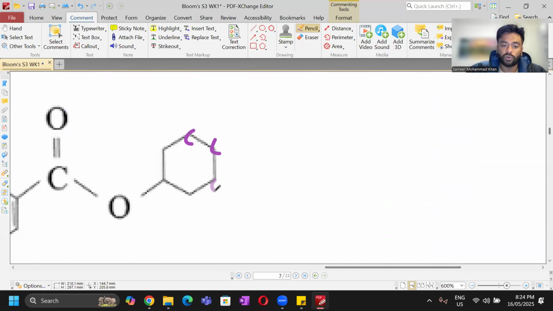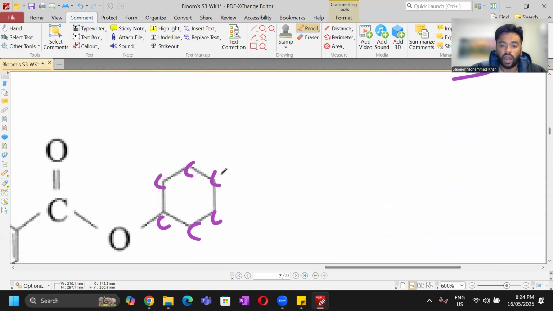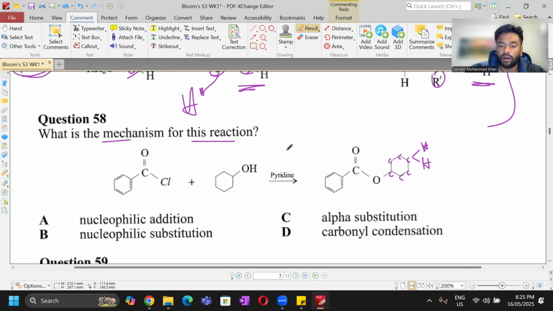So each of these corners represents carbon, and coming off the corners are hydrogens, right? Remember, carbon must bond 4 times. Here, this carbon, for instance, has 2 bonds, and this carbon has 2 bonds. So the remaining 2 bonds that aren't shown in the ring structure must be hydrogens. So every carbon here, besides this one, has 2 more hydrogens that just aren't being shown.